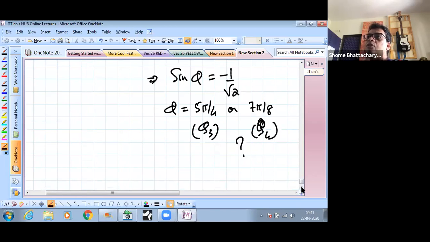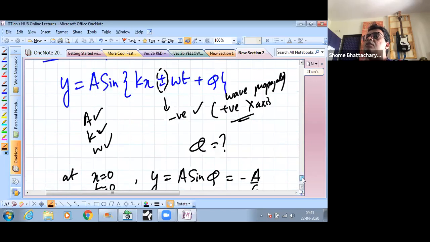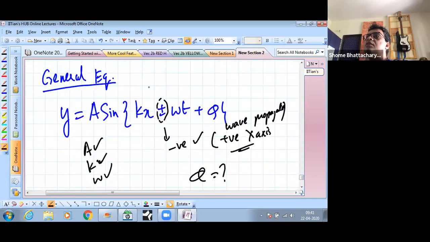So for that we also look at particle velocity, del y by del t. Okay. Now if you see your above equation with the minus sign in between, because we know that this sign is minus, this equation is actually becoming Y is equal to a sine kx minus omega t plus phi. So now do the partial derivative with respect to time.